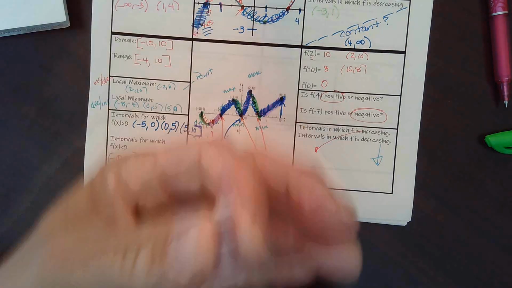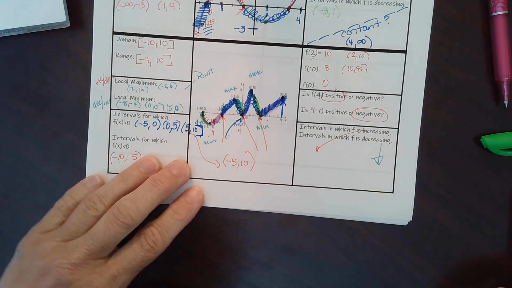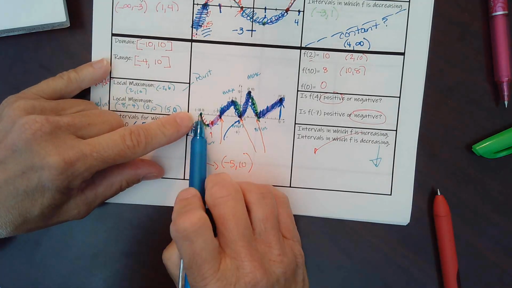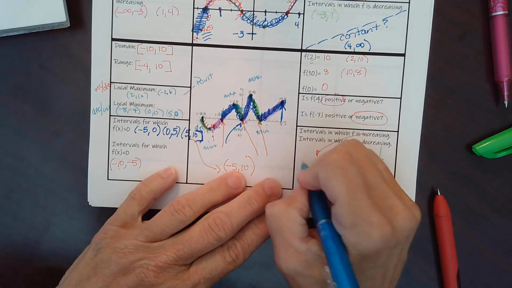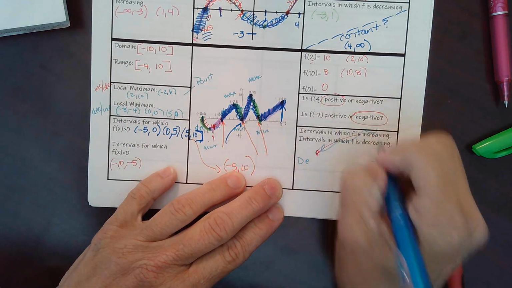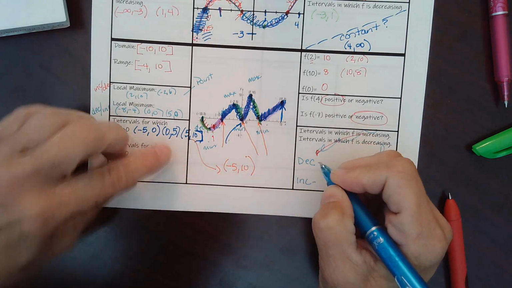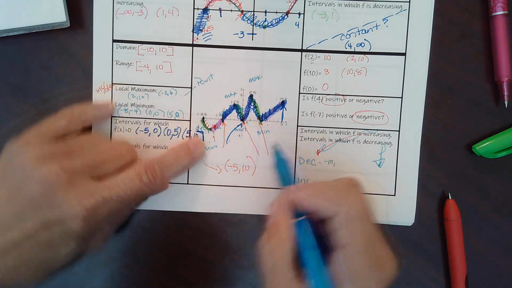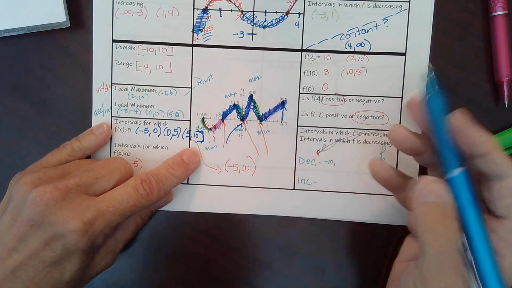Okay, so where is f? I'm going to do this all at once. So this graph, left to right, decreases first, and then increases. It decreases beginning at -10, and it decreases until it reaches, is that -8? -8.